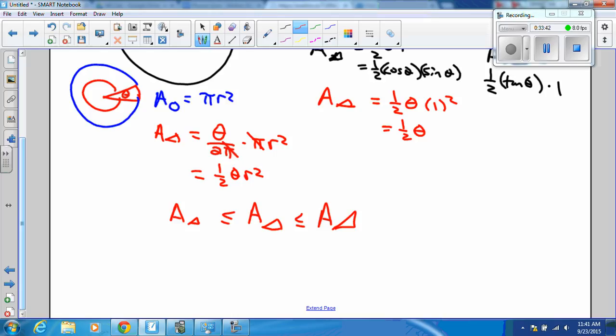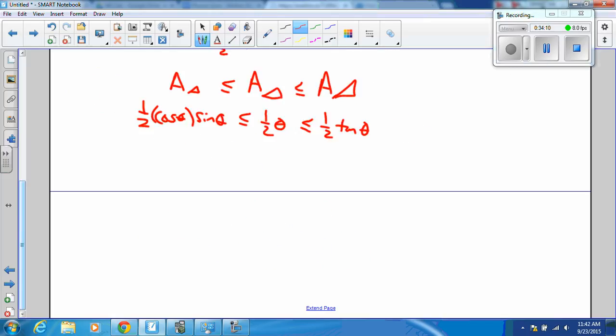And now we have a setup for the squeeze theorem. This area is 1/2 cosine theta sine theta. This area is 1/2 theta. This area is 1/2 tan theta. Isn't that cool? Now we're not there yet. We're going to get there. The rest is just a little bit of algebra.